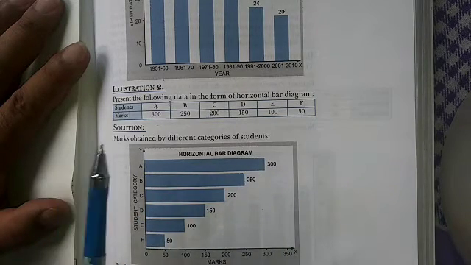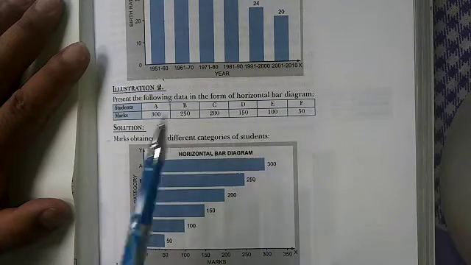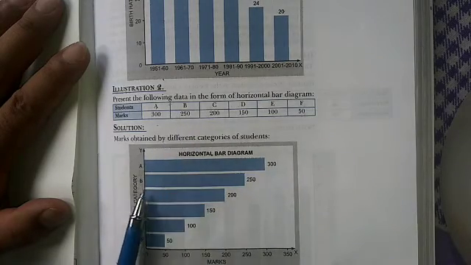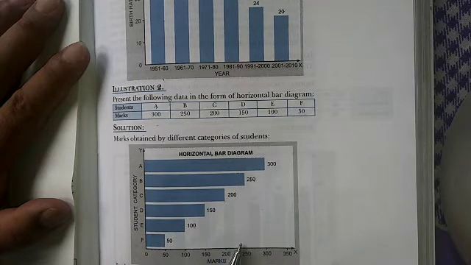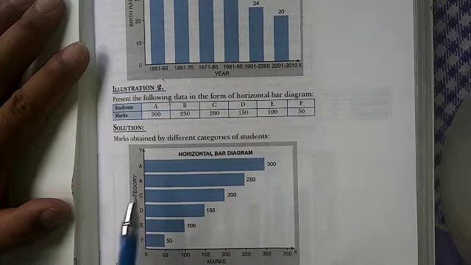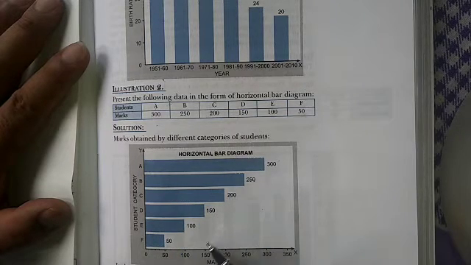Now B category students got 250 marks. We'll show it like this here, 250, right? And C category 200, D category 150, E 100, and F category 50. So this is the horizontal bar diagram, right?